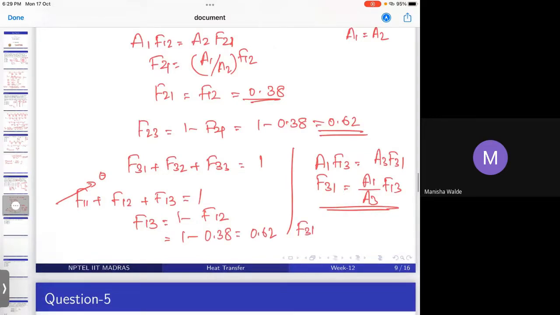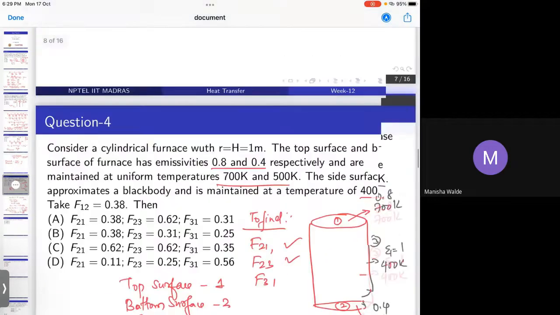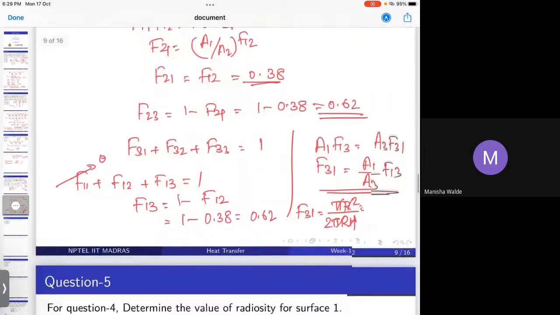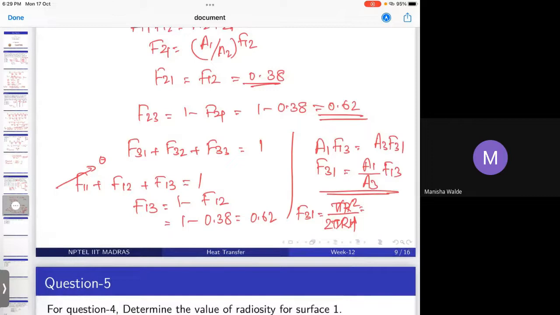Now we can easily find that A1 is pi r squared and A3 is 2 pi r h. So this r is 1, it's already given in the question. So 1 by 2 times F13, so it is 0.31.